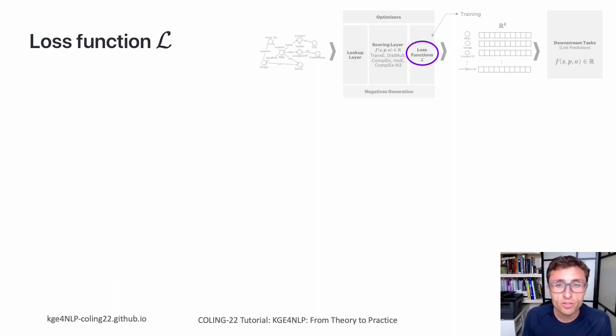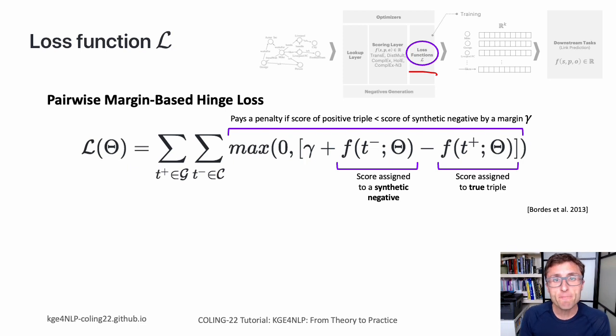I'd like to say a few words now on the loss function, which is another important component of a knowledge graph embedding model architecture. Now, there are a lot of different loss functions adopted in the literature. I'd like to spend a bit more time on the pairwise margin-based hinge loss, which is the equation that you see on the screen, because this is probably the most intuitive loss function in the area.